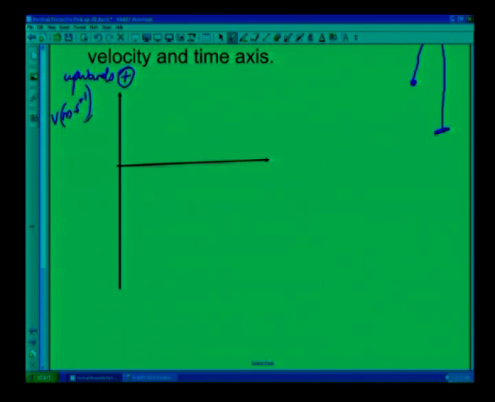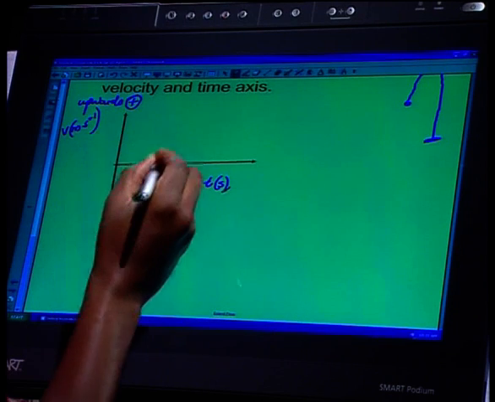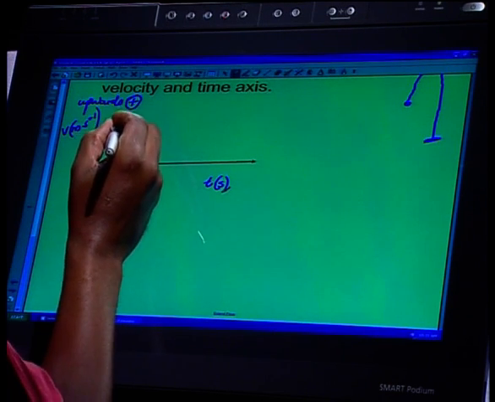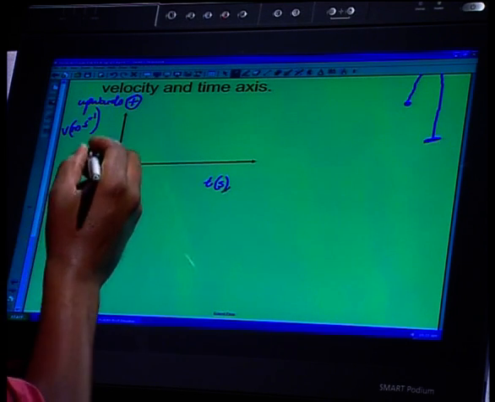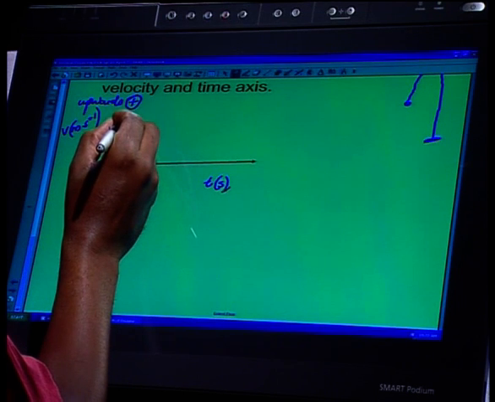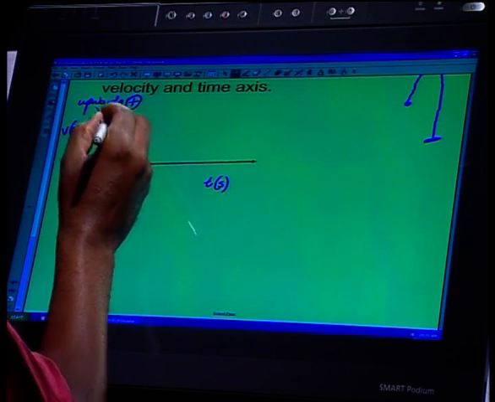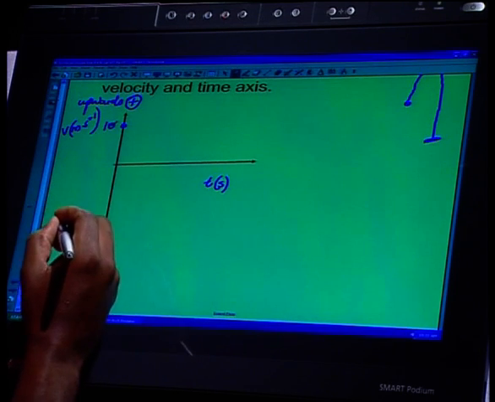This is T in seconds. All right? Now, the times that I have, this object is thrown upwards at a velocity, okay? Right? And the velocity is, it's actually thrown out upwards at 10 meters per second, there.